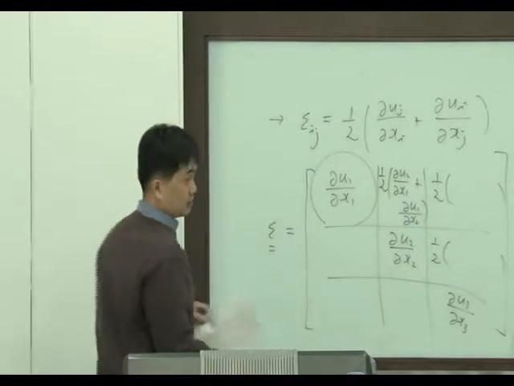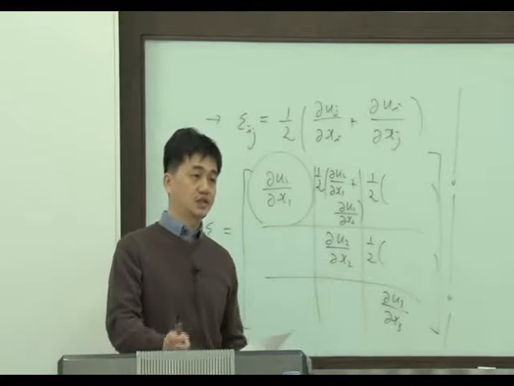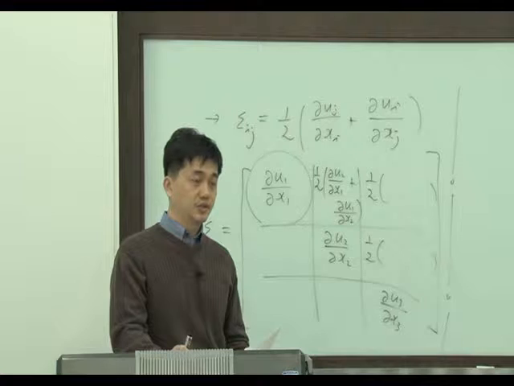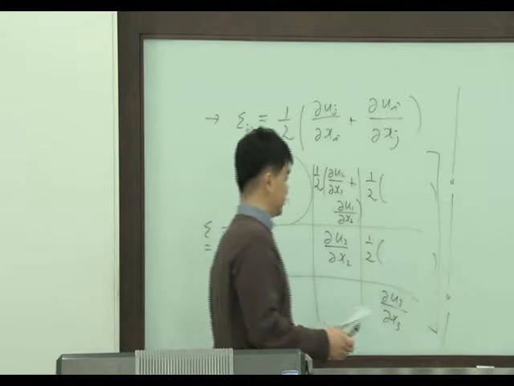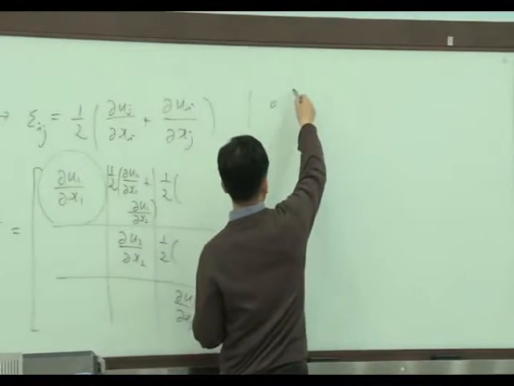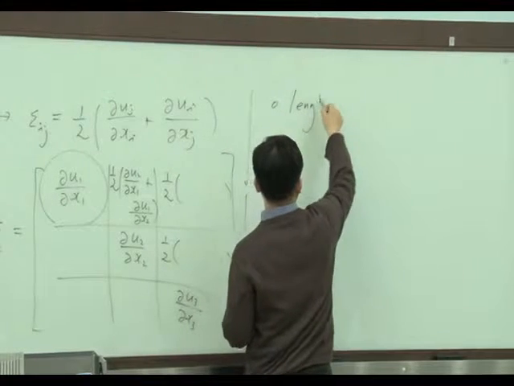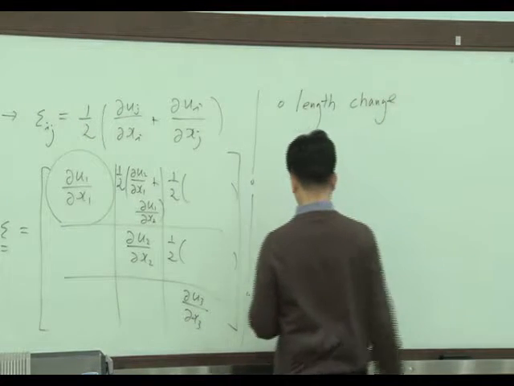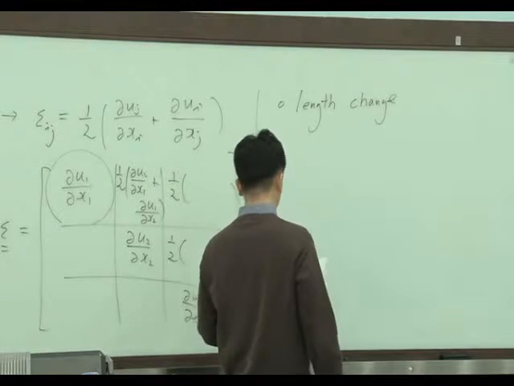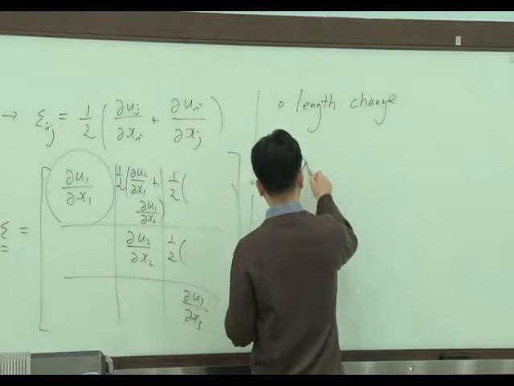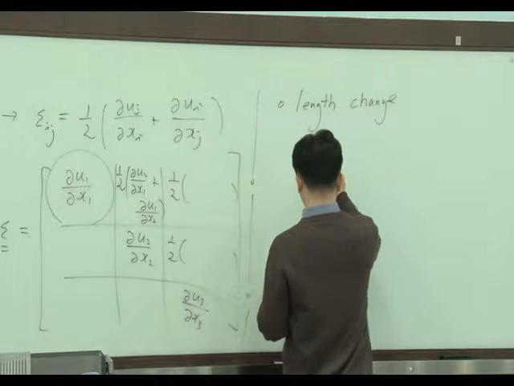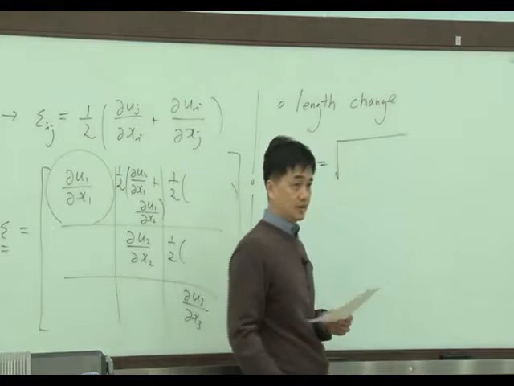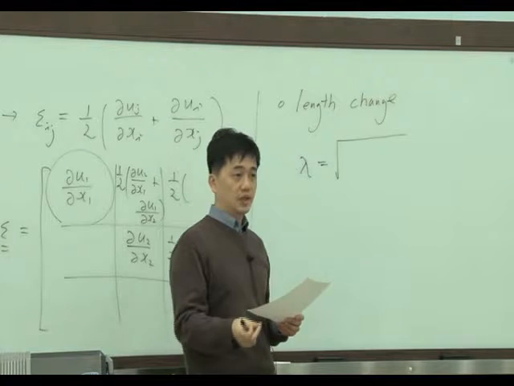Now let me look at the length change. What happened in length change when we used the small deformation theory? In finite deformation theory, lambda is an increment of length of a very small vector, right?